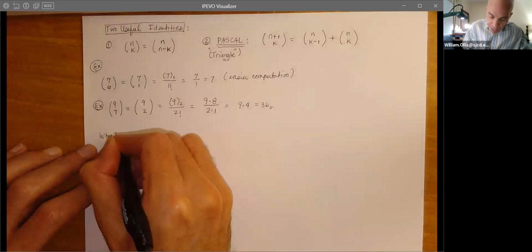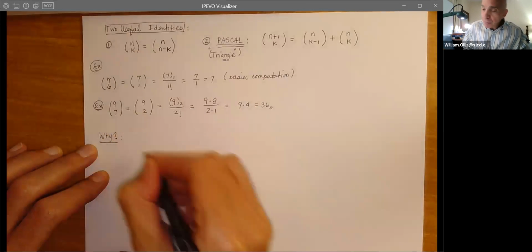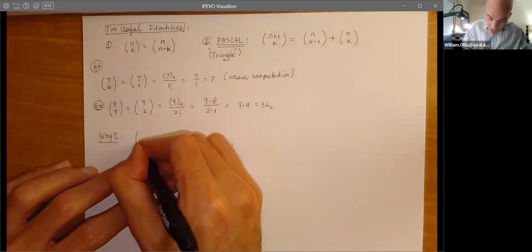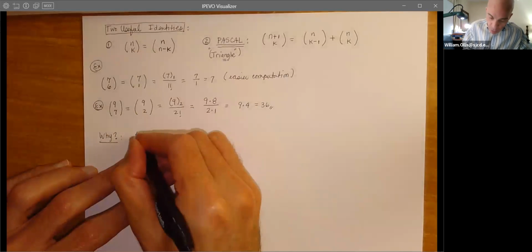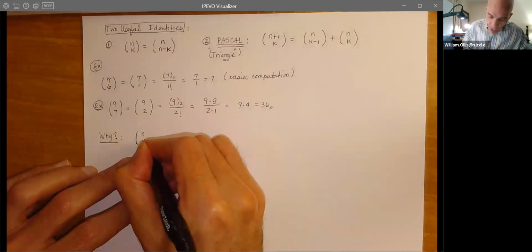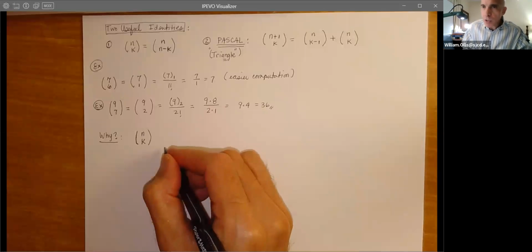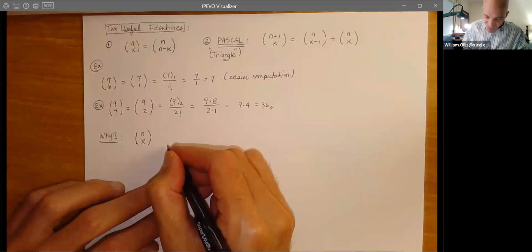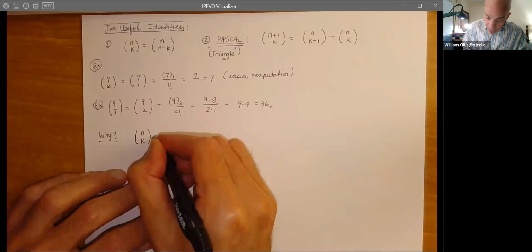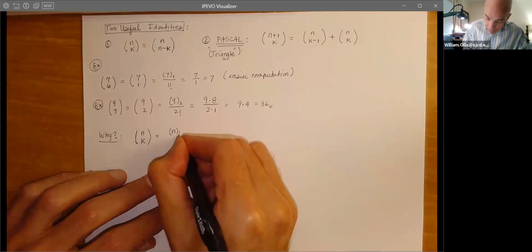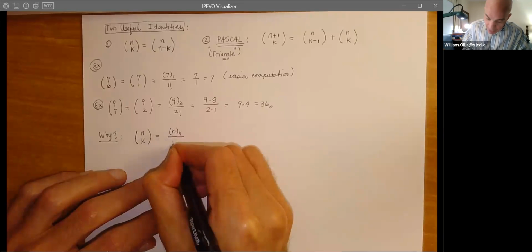Let's get a little bit of practice with the definition of the binomial coefficient and use a little bit of algebra. Because I want you, when you get to calculus, I don't want this to be the first time you've seen this and then you're like, I don't know what's going on with the binomial theorem. So now this will be n perm k divided by k factorial.